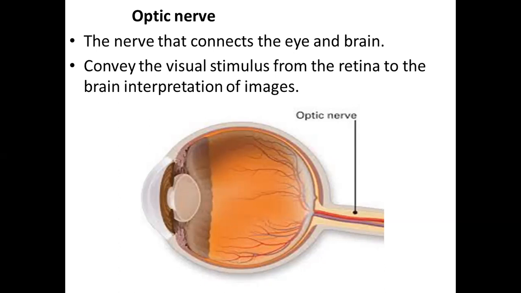Why? Because that image goes to our brain. Then only I can remember this child's name is this, that, like that. I can identify.